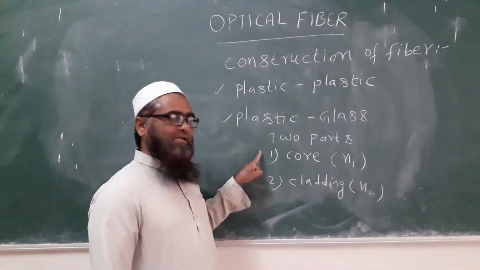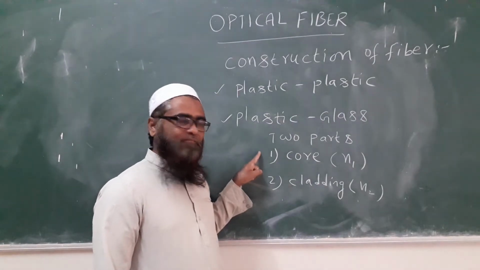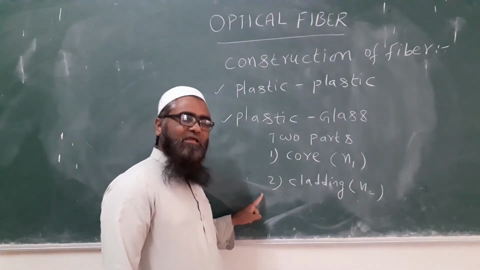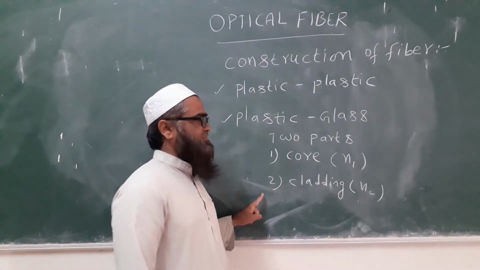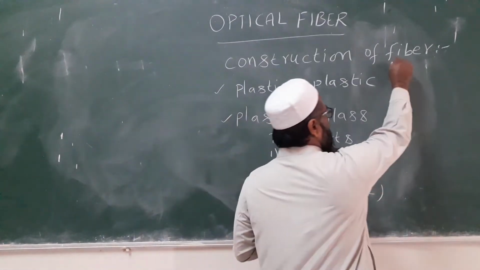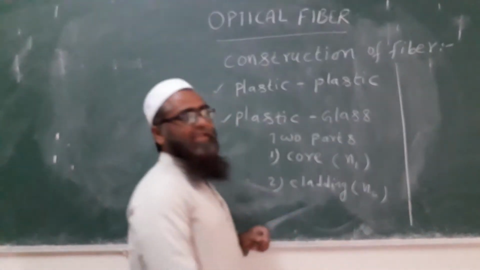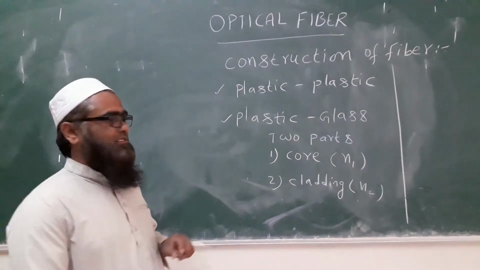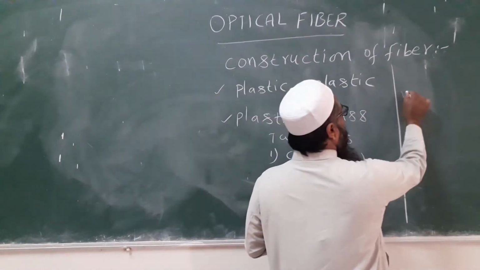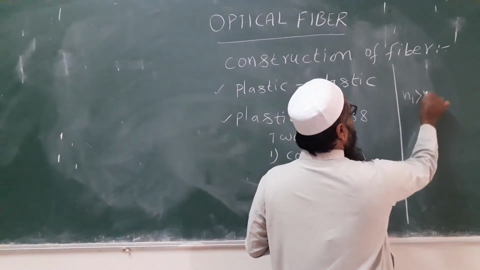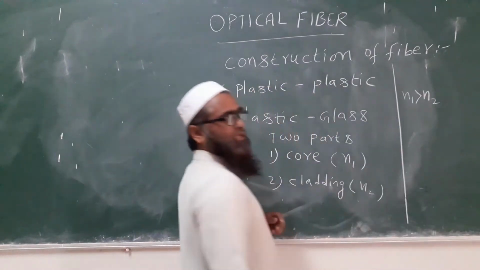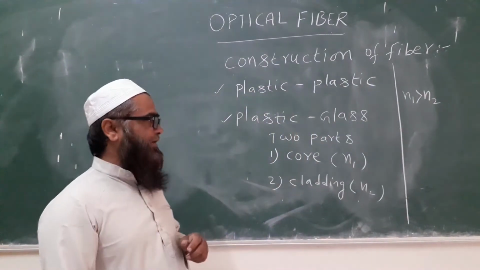Core is a denser medium, cladding is a rarer medium. Generally, for the propagation of light, n1 must be greater than n2.